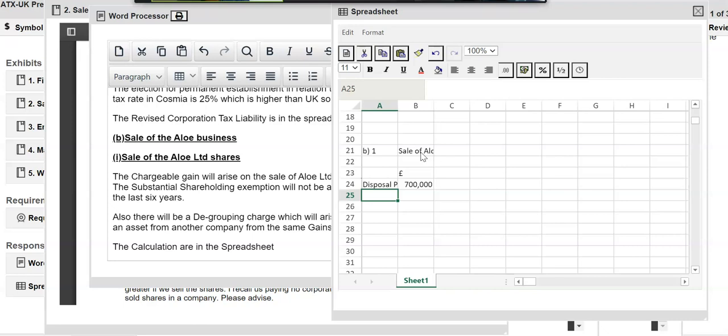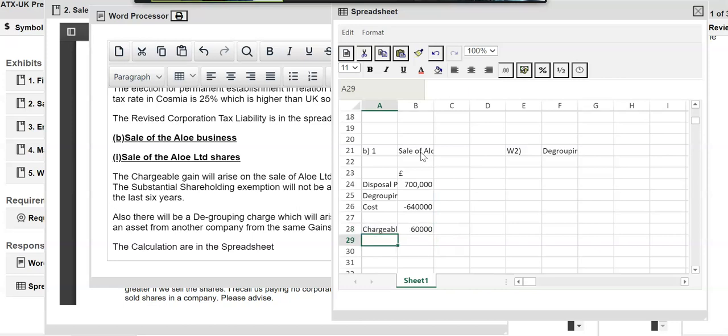And what do we have to do next? We have to add the degrouping charge to this. So we have to calculate that, and we will be doing that here in working number 2. After this, we have to deduct the cost, and the cost was 640,000, right? There you go. We'll be having the charge calculated.